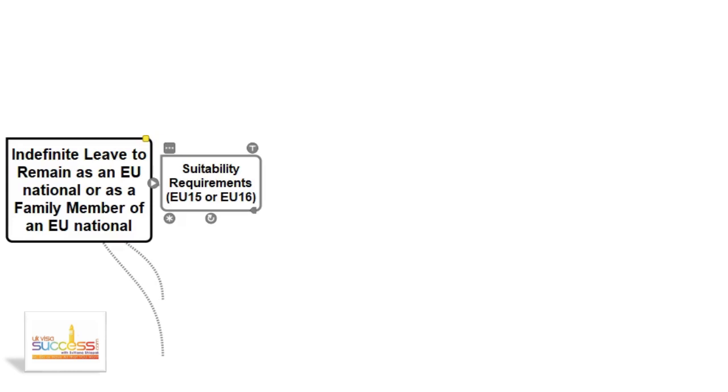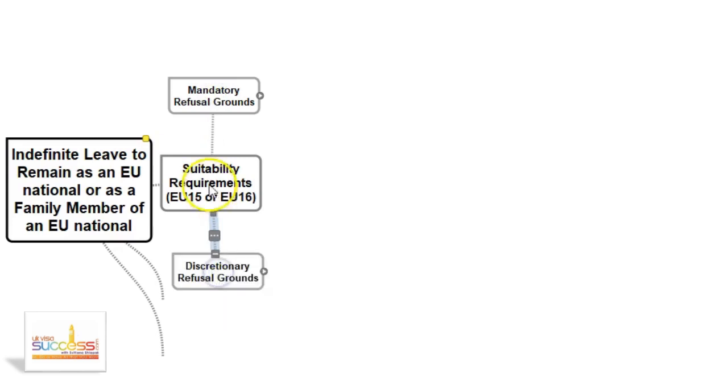The UK government has its own definitions of suitability requirements, which are reflected in the grounds for refusal. There are actually two types of refusals, mandatory and discretionary. When the decision maker believes that one of the mandatory grounds for refusal applies to your application, he or she will have no choice, no discretion but to refuse your application.